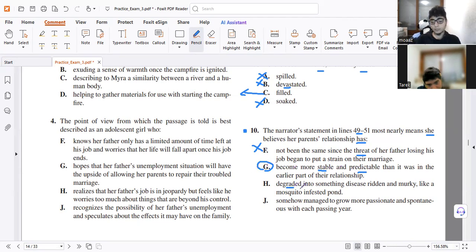Degraded into something disease-ridden? Does it mention the relationship became that? Somehow managed to grow more passionate and spontaneous with each passing year. This is a trap. Is it mentioned? No. Let's go check.